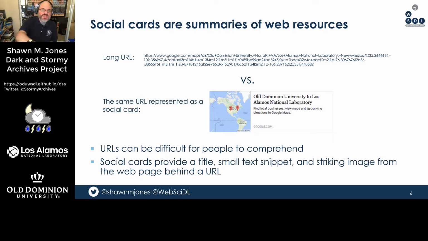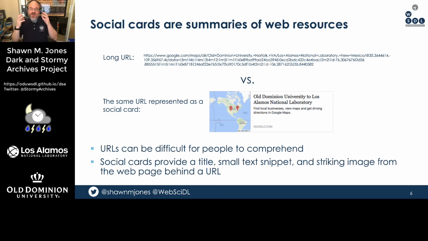So we take something like this long URL here, which, unless you're very familiar with Google Maps circa 2017, you may not know where this will take you if you put this into your browser or you click on it. This same URL represented as a social card lets you know that this will give you directions from Old Dominion University to Los Alamos National Laboratory.